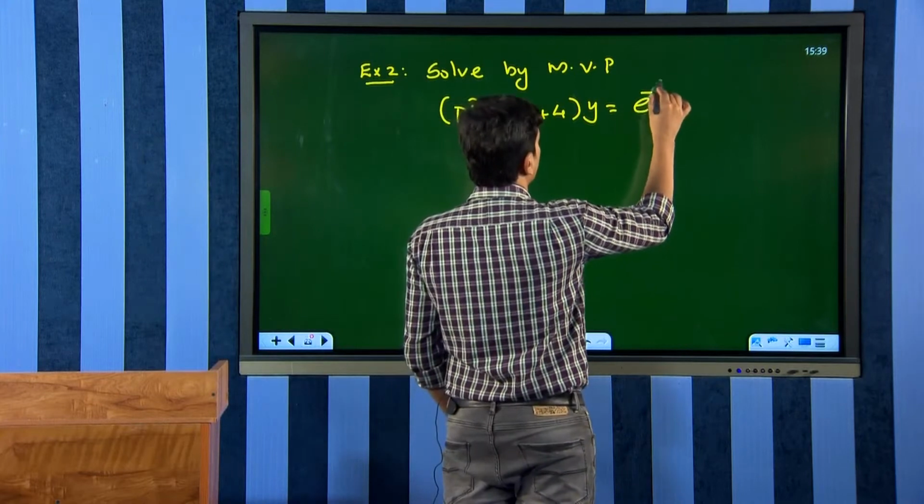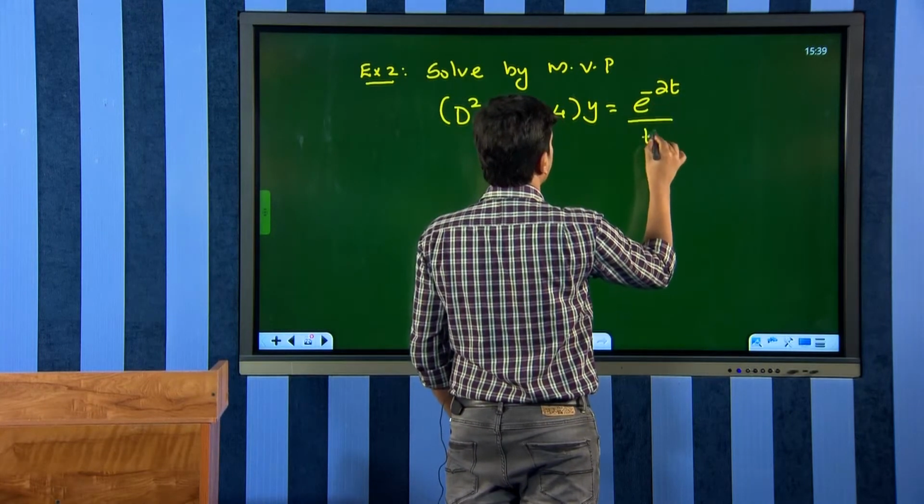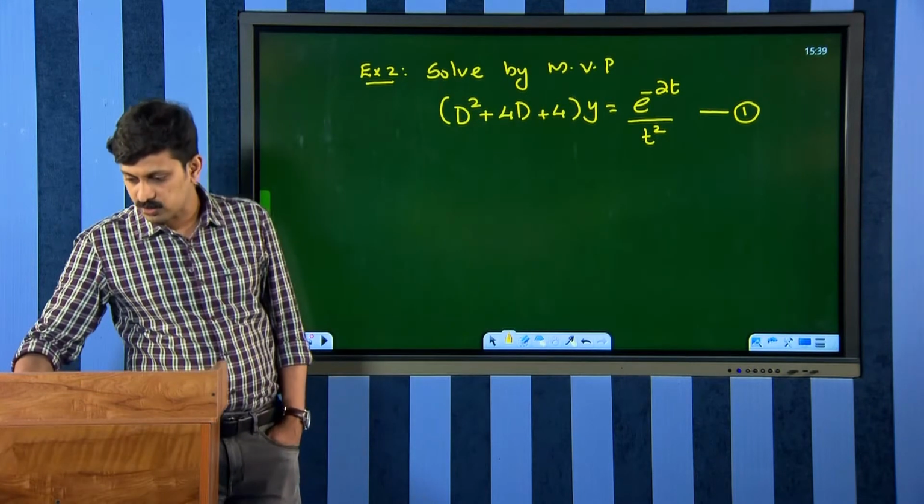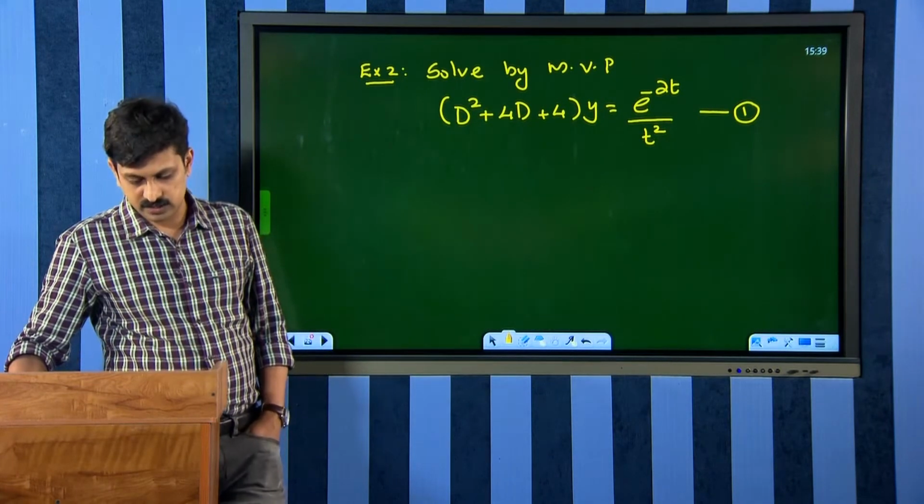This is our non-homogeneous equation, with e raised to minus 2t divided by t square on the right side.